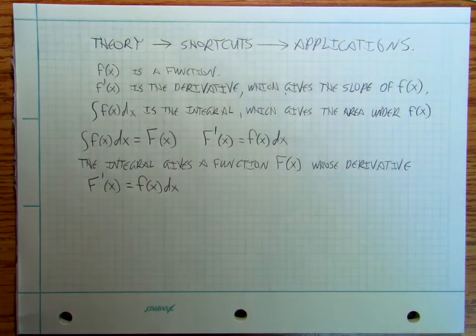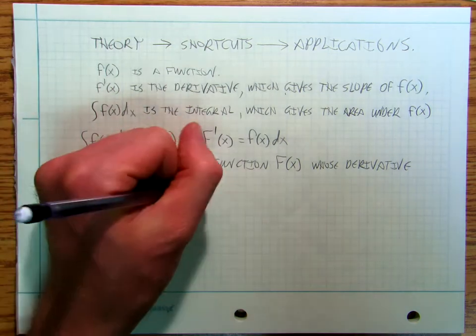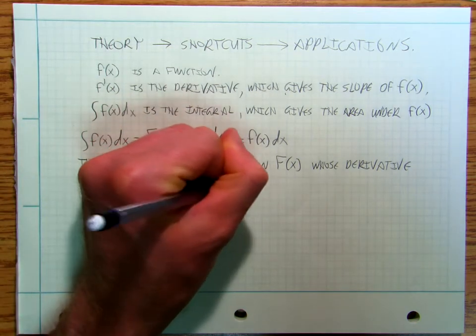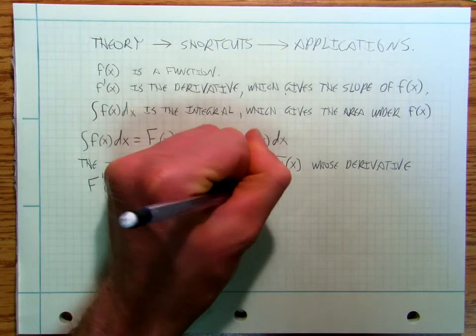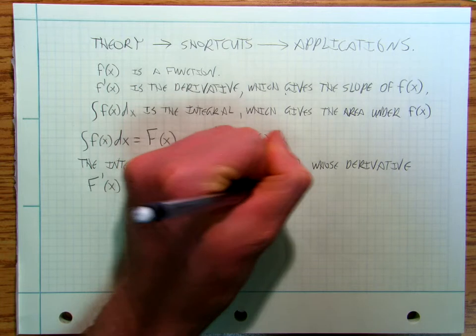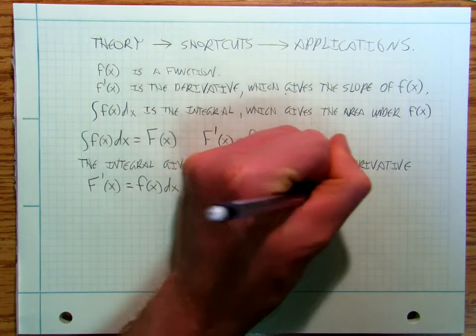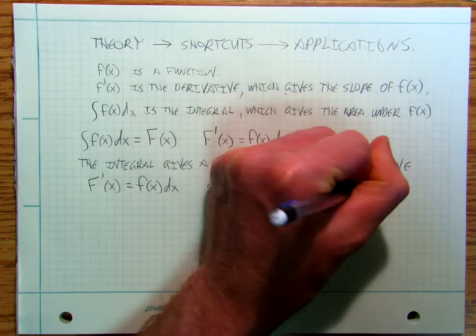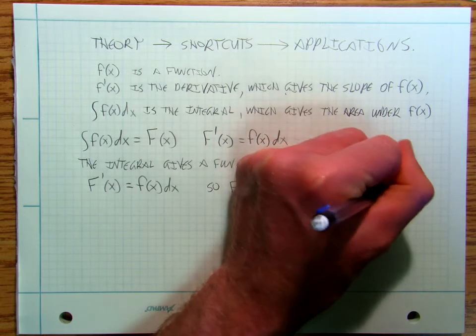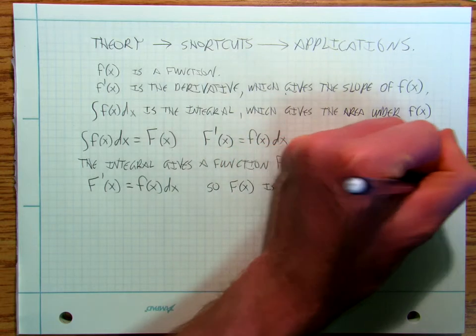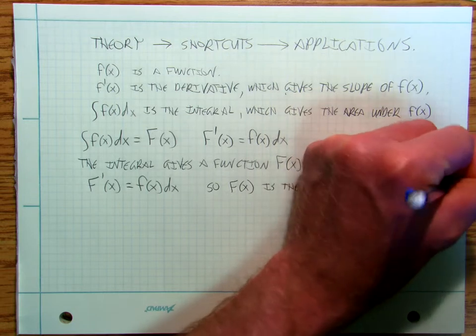So capital F of x is the antiderivative of f of x dx.